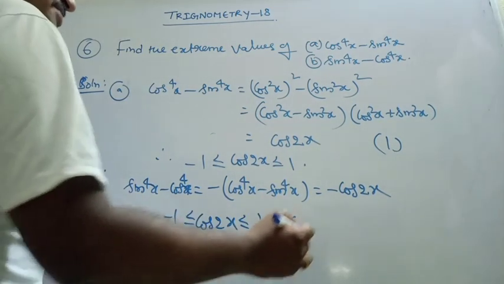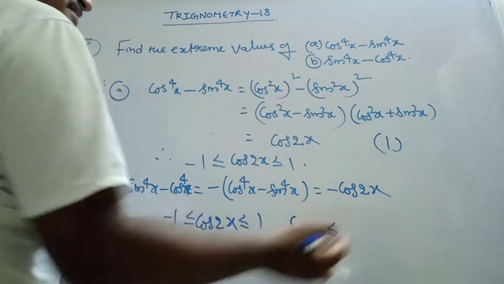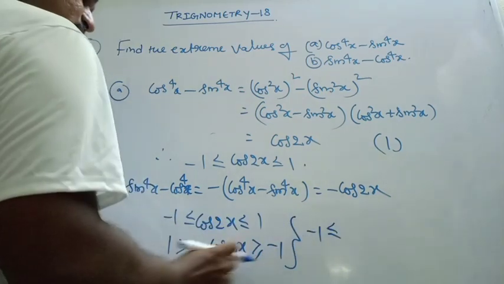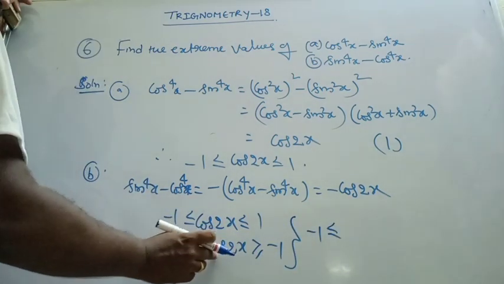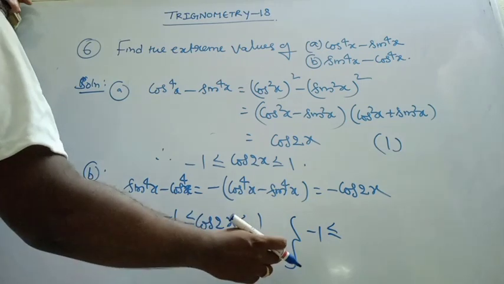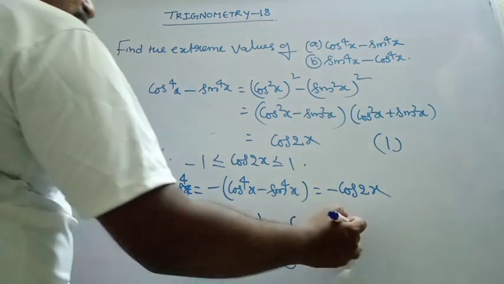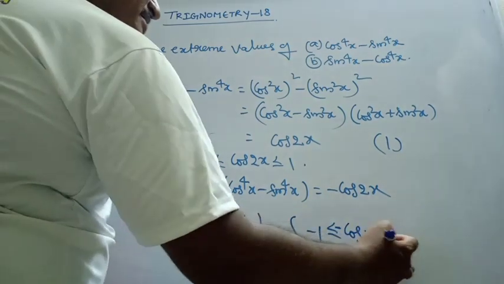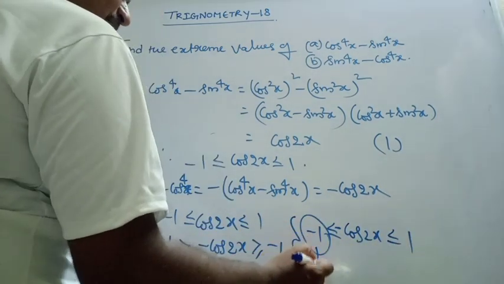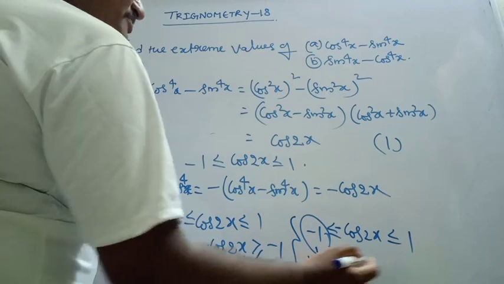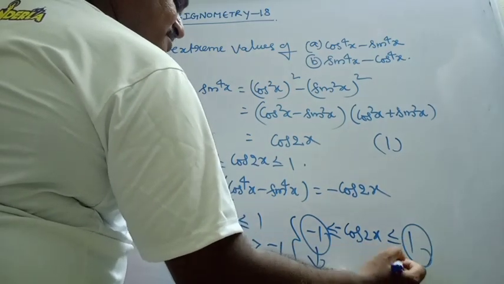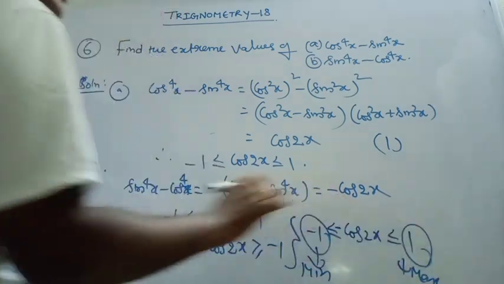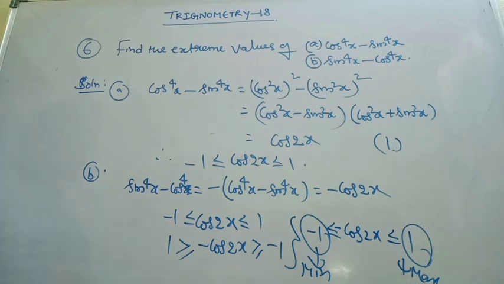That implies 1 greater than or equal to minus cos 2x greater than or equal to minus 1, that means minus 1 lesser than or equal to minus cos 2x lesser than or equal to 1. Therefore, the minimum value is minus 1 and the maximum value becomes plus 1 for this also. Like this we will do this beautiful problem.